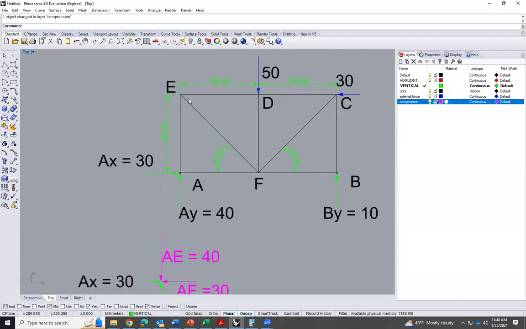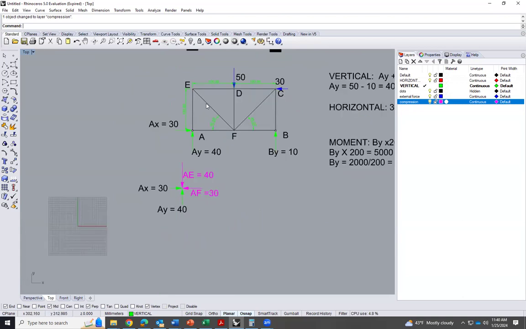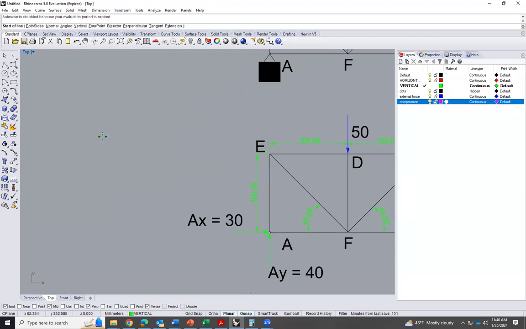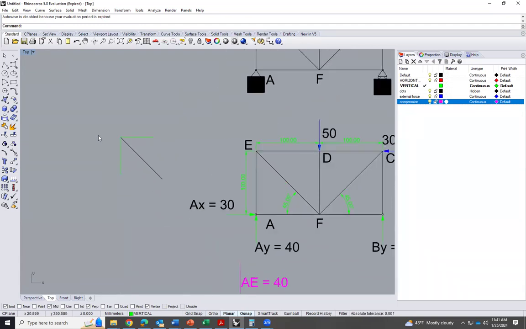So at point E, okay, let's see what happens. At point E, I have a bar like this. First, I will do the geometry here, and I have a 45-degree angle there. So we have these forces here at point E. How many unknowns?